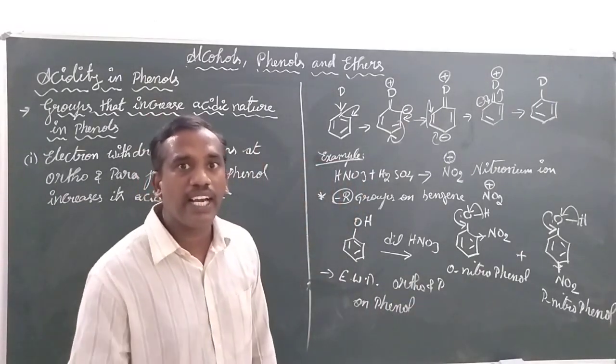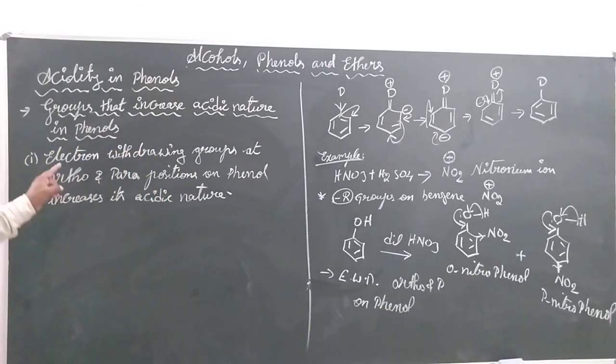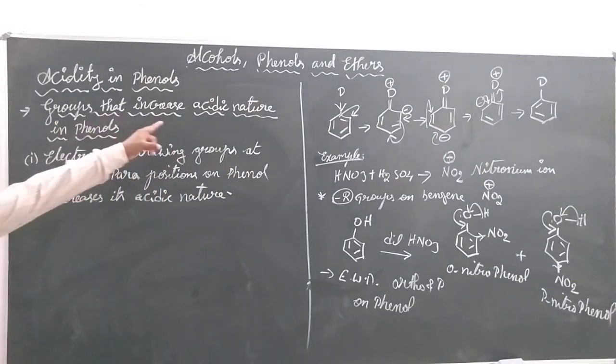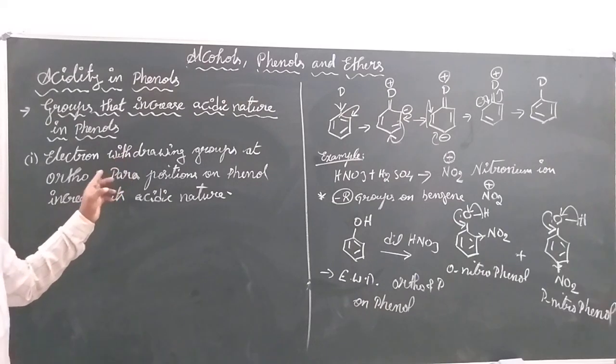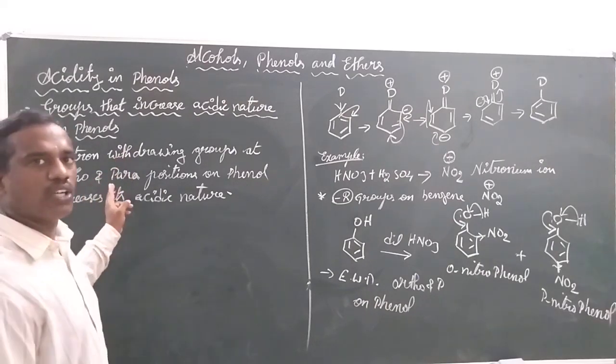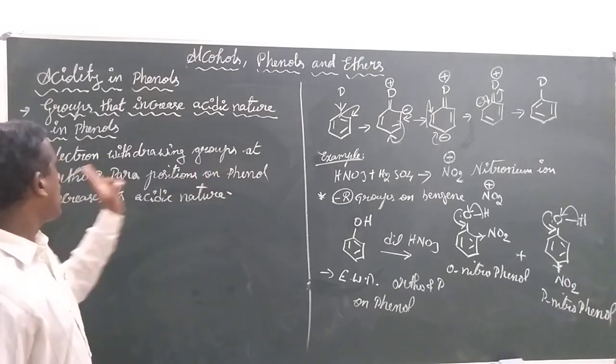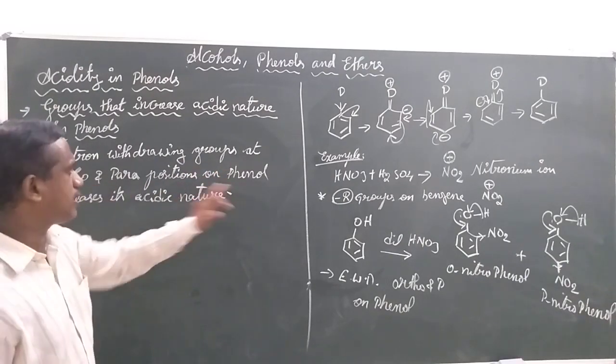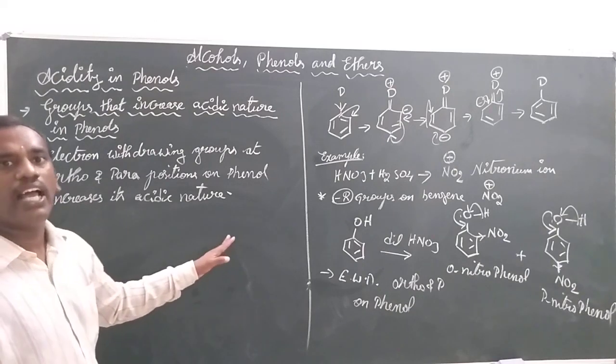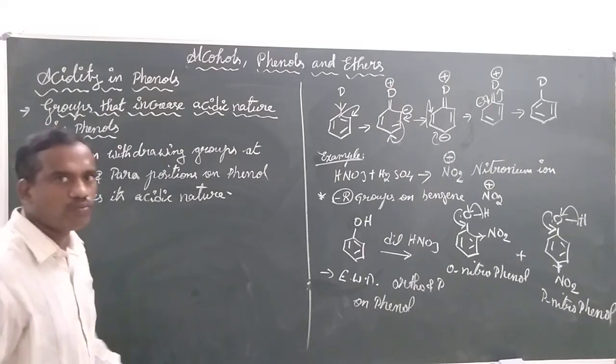That is the definition given. What are the groups that increase the acidic nature of phenols? Electron withdrawing groups at ortho and para positions on phenol increase acidic nature.